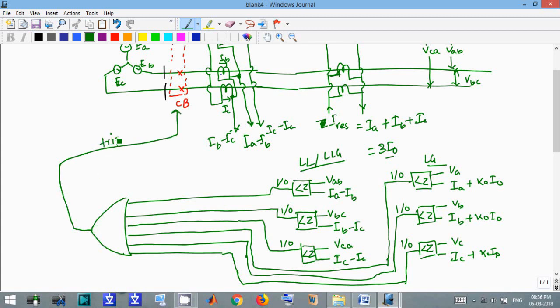Okay, so this is the control circuit of the distance relay.